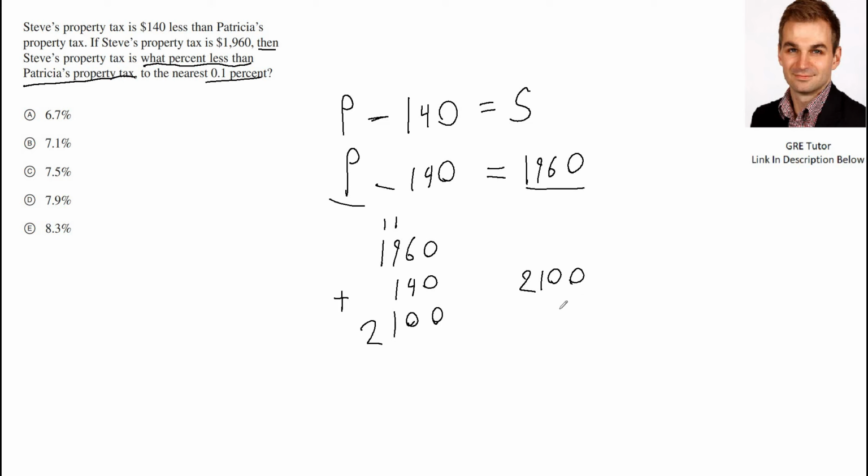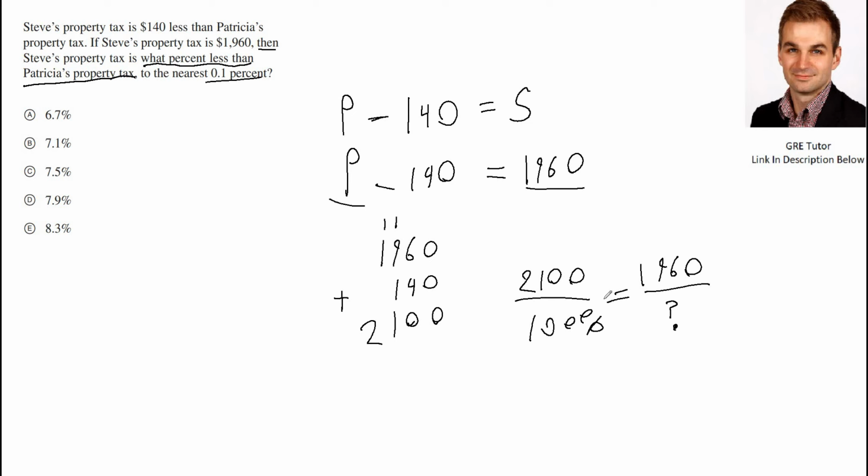So what percentage less than Patricia's property tax is Steve's property tax? So if 2,100 is 100%, then what is 1960 in terms of percentage? That's what we're trying to find.